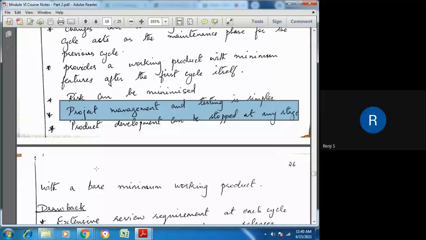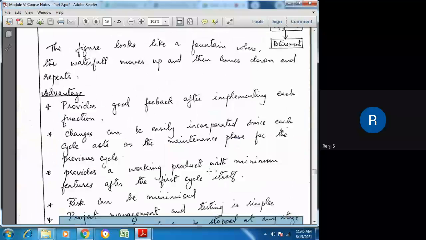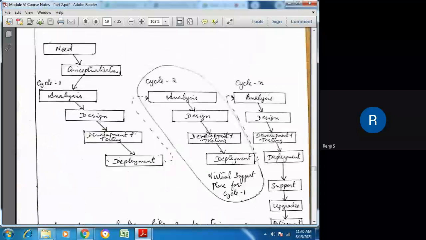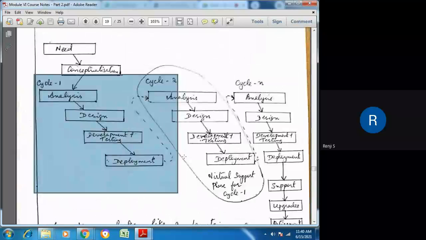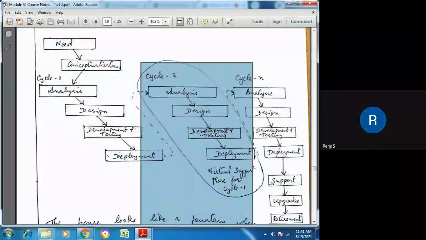Then, product development can be stopped at any stage, because after satisfying the main requirement here, if the customer is satisfied with the product and doesn't want to go further, they can stop with cycle 1. Or if the developers have reached cycle 2 and the customers need only this many features for the present time, then they can stop with it.